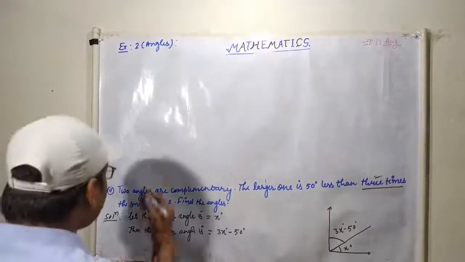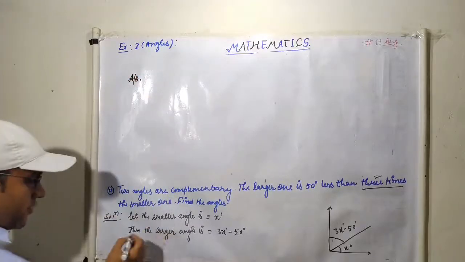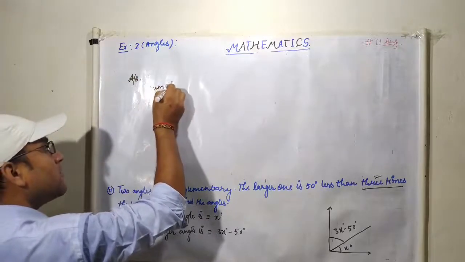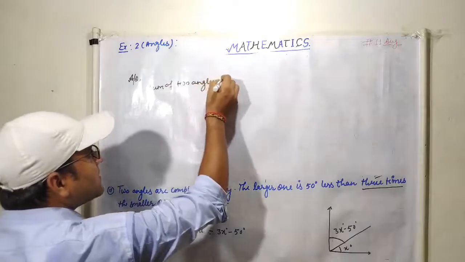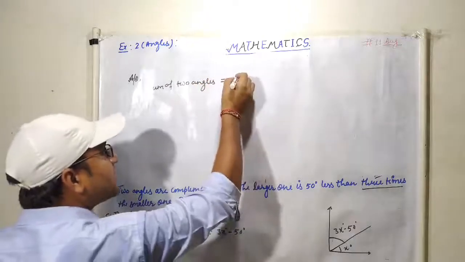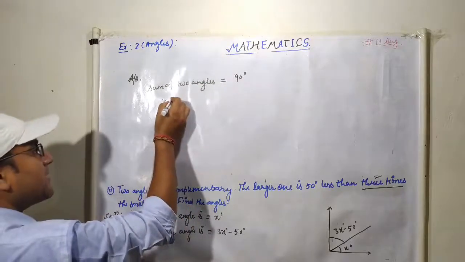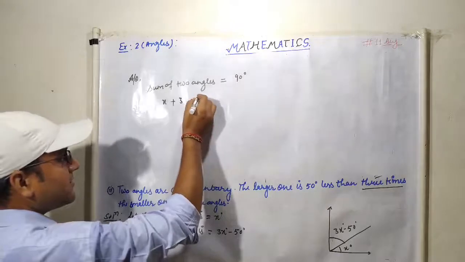Now according to the question, the sum of the two angles is complementary, meaning that it is 90 degree. So the smaller one is x plus 3x minus 50. I am not going to write this degree, it is an expression.